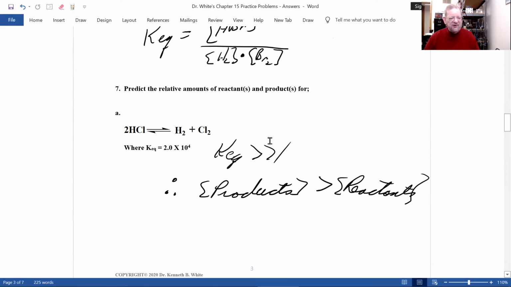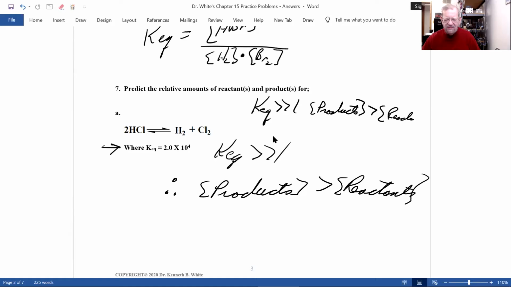Now, number 7, predict the relative amounts of reactants and products for the following equilibrium where you're given the equilibrium constant. And let me remind you, when Keq is much greater than 1, the amount of products is greater than reactants.